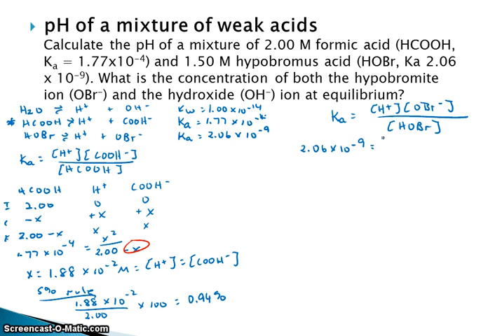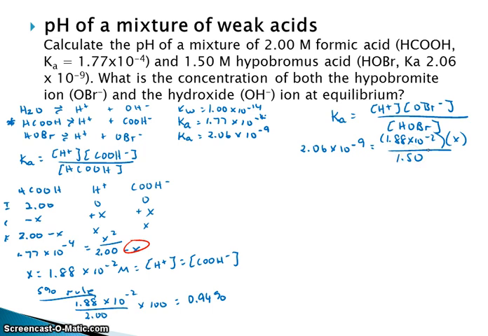That means that almost all of the hydrogen ions in this particular mixture of weak acids comes from the formic acid. So much so that we're going to assume that all of the hydrogen ions comes from the formic acid. So we're going to plug in that 1.88 times 10 to the minus 2 for the hydrogen that comes from the formic acid, X for the hypobromite, and 1.50 for the hypobromous acid.